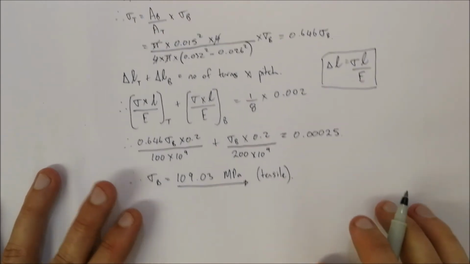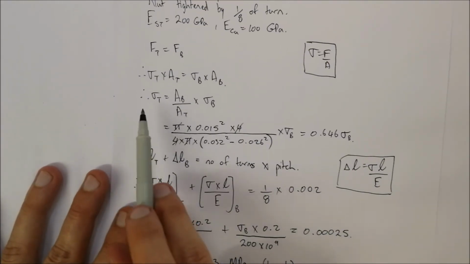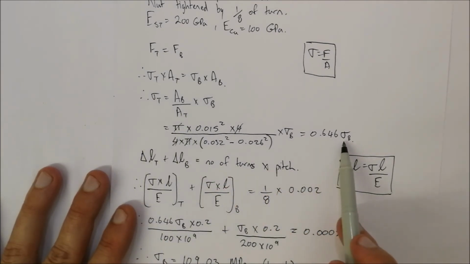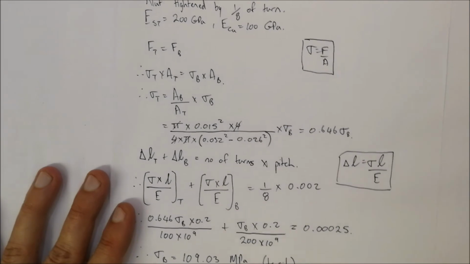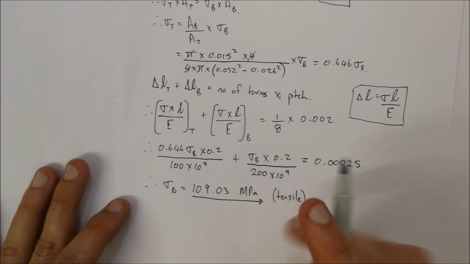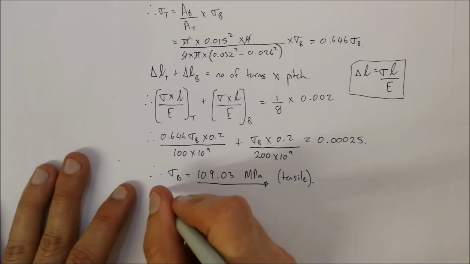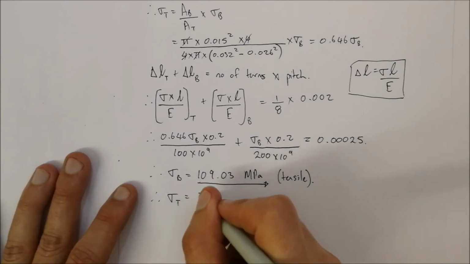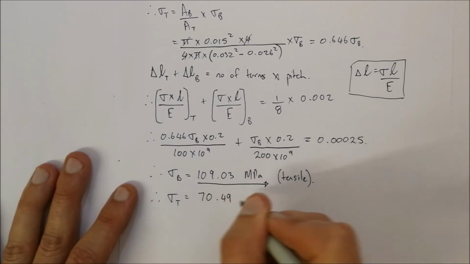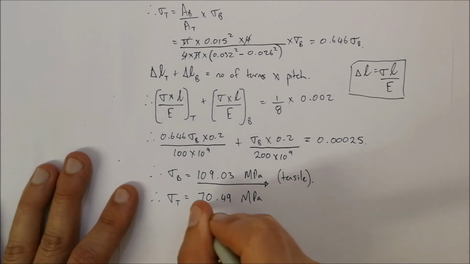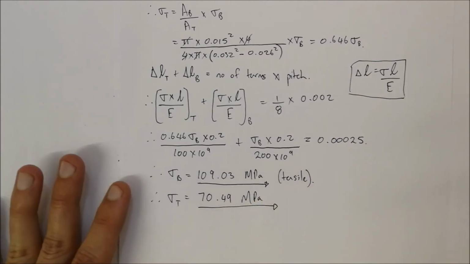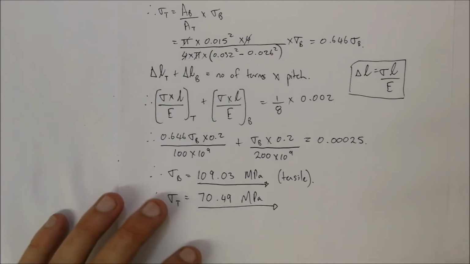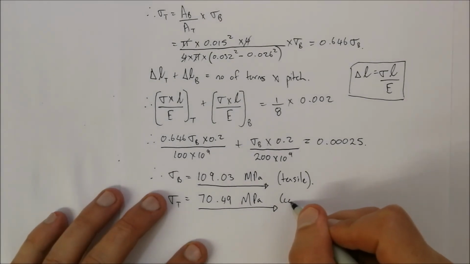Okay, we also calculated that the stress of the tube is equal to 0.646 of the stress of the bolt. Okay, so we know what the stress of the bolt is, so put that into that formula, so therefore the stress of the tube is equal to 70.49 megapascal. Okay, and then again we've got to take into account that this is now a compressive stress.